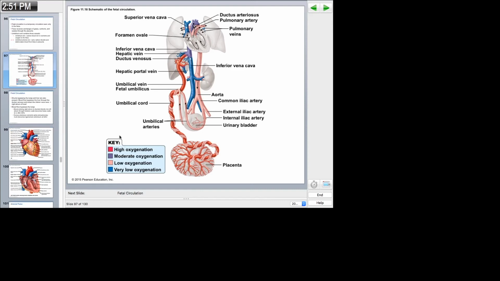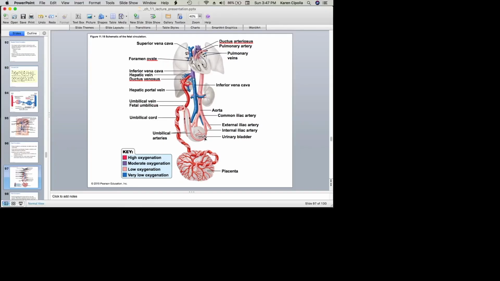Okay, so you've got your color code here. Here is your umbilical vein. Here are your 2 umbilical arteries. Here is your placenta. What these blood vessels do is they bypass the normal blood vessels of the fetus.